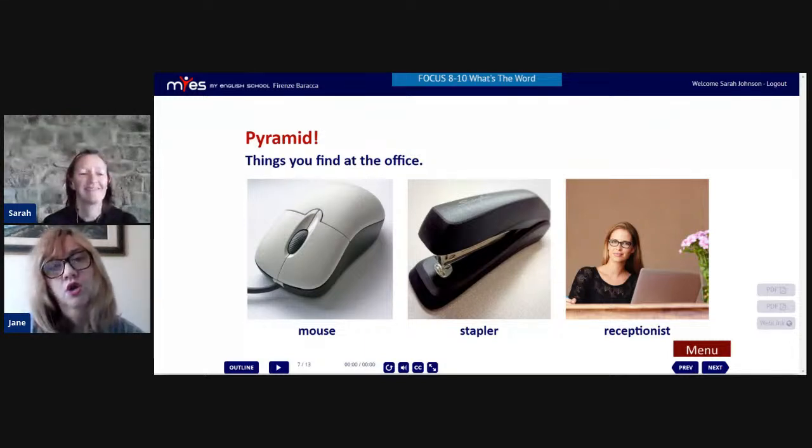Okay, perfect. I would describe it as something you use to attach paper together. All right, let's go on. And the word is stapler. Stapler.